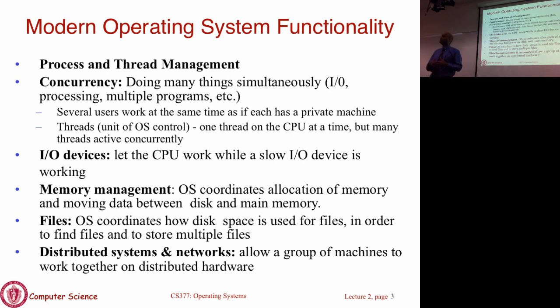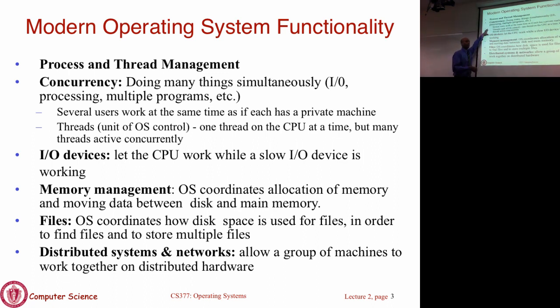The OS has to manage all of the processes and threads that are concurrently running on the machine. From an OS design perspective, we need to think about what the OS should do to ensure that processes get their fair share of hardware resources, that they run efficiently, that the user sees a responsive machine, and so on and so forth.